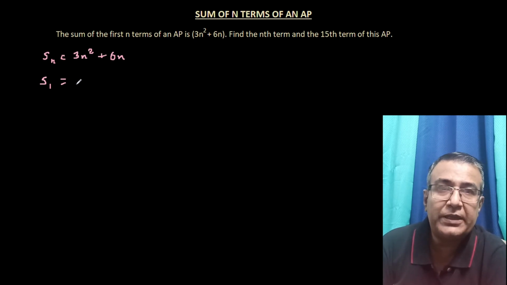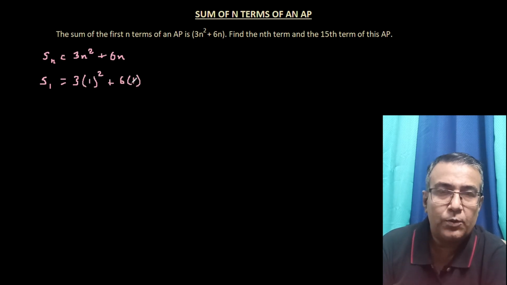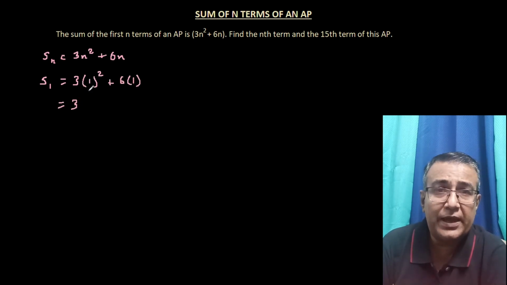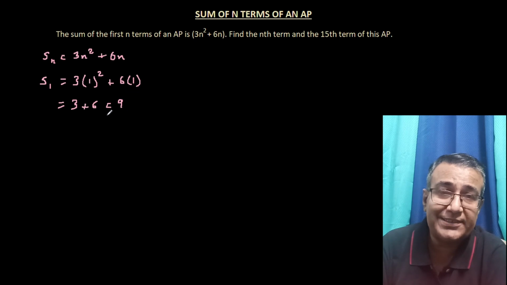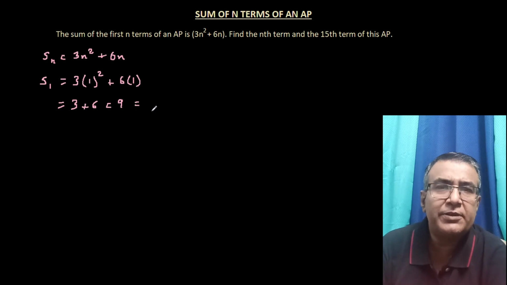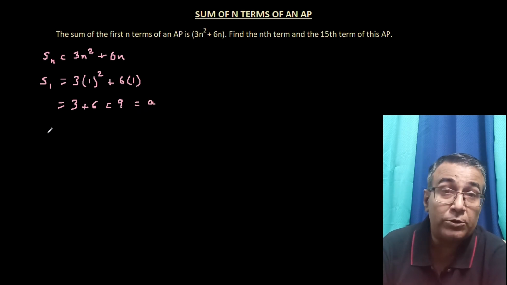So let us put in the value. 3 times 1 squared plus 6 times 1. So 1 squared is 1 and 3 times 1 is 3, plus 6 times 1 is 6. So we get the sum of the first term as 9, and because there's only one term in it, it is nothing but the first term, so first term is also a, so a happens to be 9.